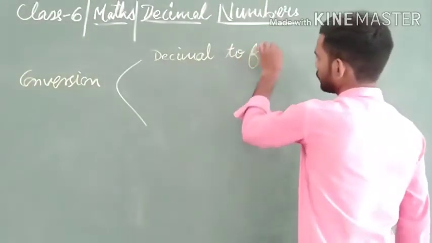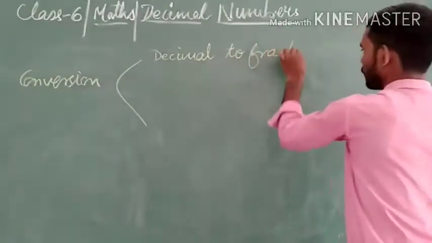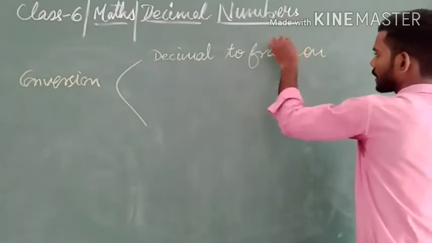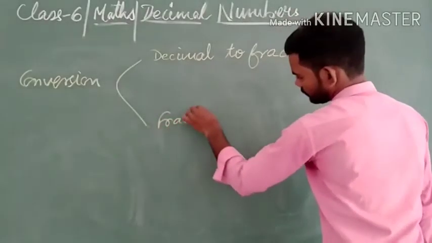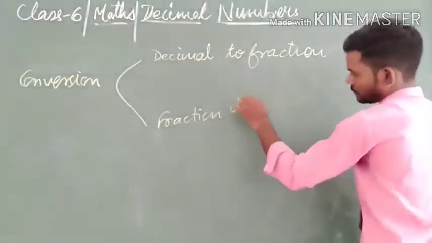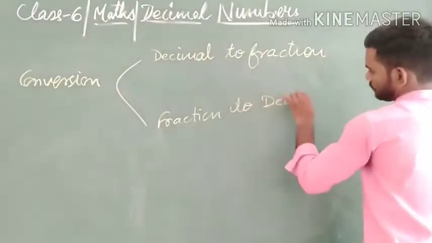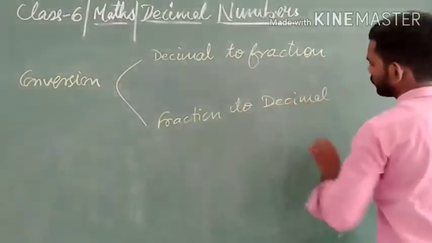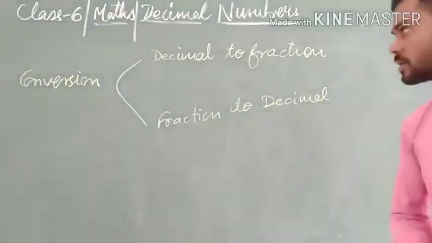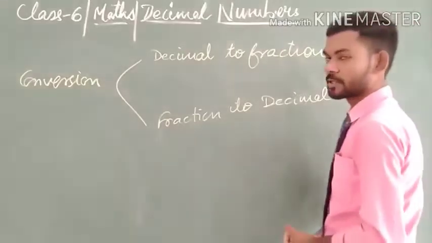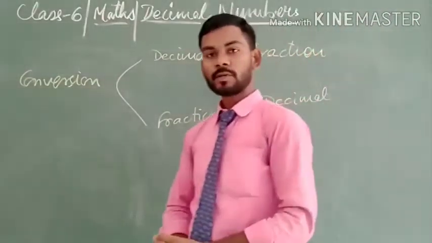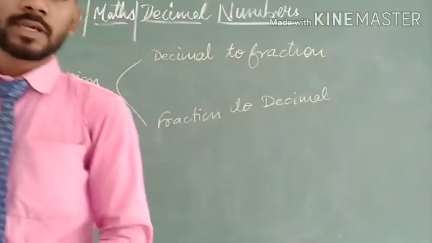The first is we shall discuss decimal to fraction, and the second one we shall discuss from fraction to decimal. So here we have two topics, means how we convert a decimal number into a fraction and how we convert a fraction into a decimal. So listen carefully how we do this.